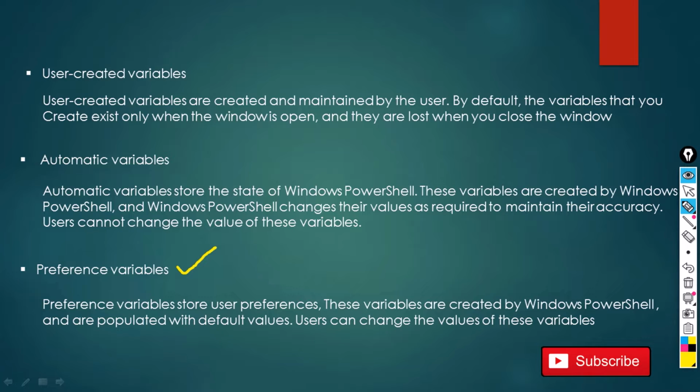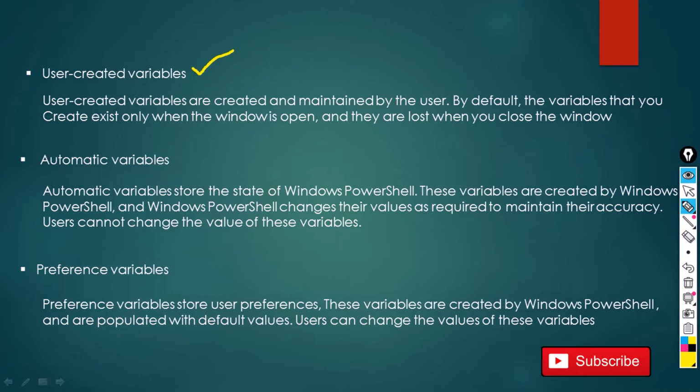So with that said, we are going to see some of the automatic and preference variables in the next slide. User created variables are created by you, so they are unique from user to user. I don't have any examples of how user variables exist, but I can demonstrate that while we are creating variables.